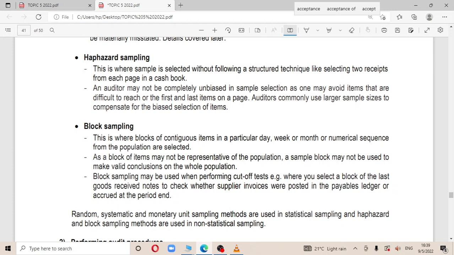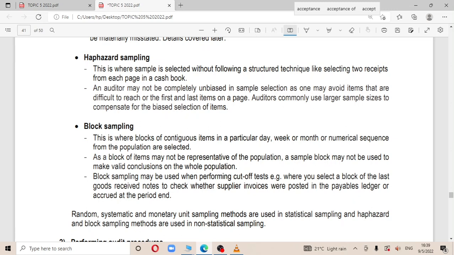Block sampling. Here, you divide the population into blocks. Like if you're auditing Crown Beverages, you can divide it in terms of regions. They distribute soda in Western Uganda, in Central, in Eastern. So their data, you can divide in terms of regions. Each region will be a block. Eastern region data, Western region data, Northern region data, like that.